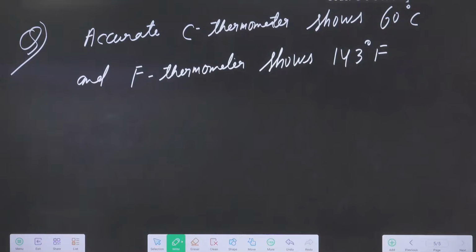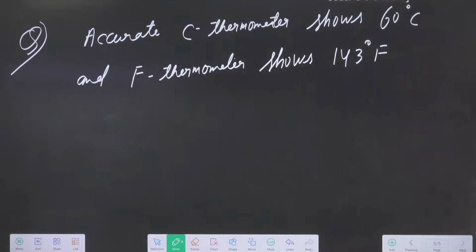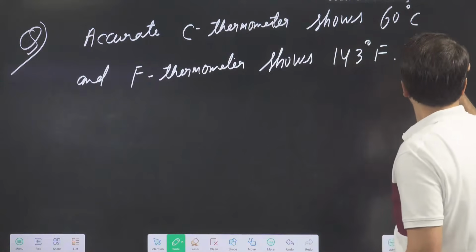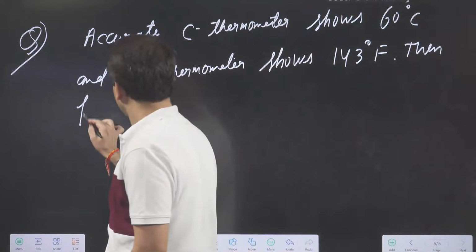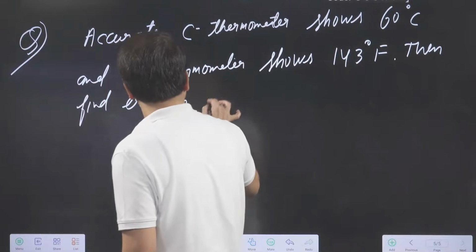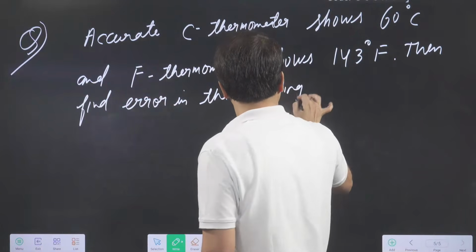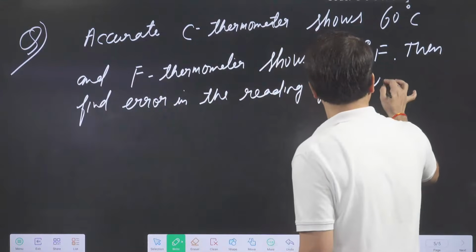Okay, 143 degree F. The Fahrenheit thermometer is showing 143 degree F. Then find the error in the reading of the Fahrenheit thermometer.